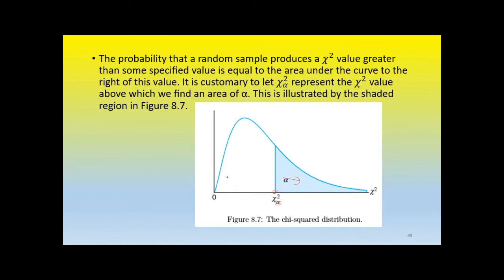And remember, this curve is not symmetric, so you cannot simply subtract from one. But we can find this from 0 to infinity, because chi-square takes only positive values, since they are squares. It's not symmetric about the mean or anything.